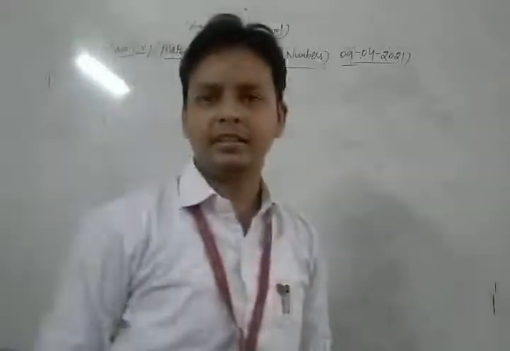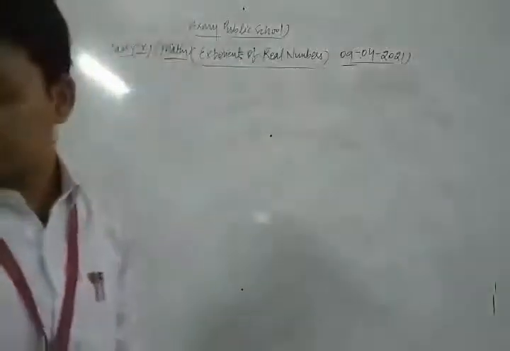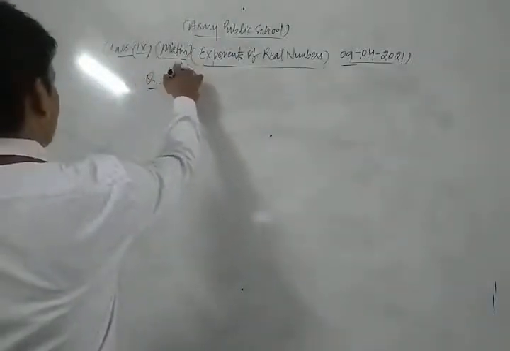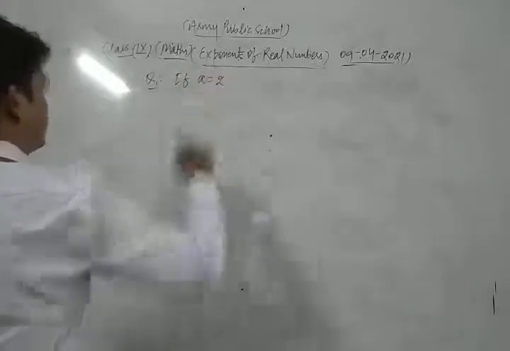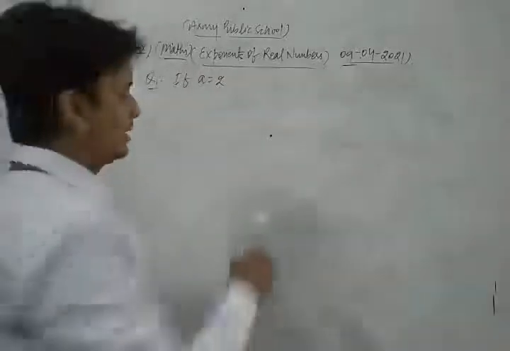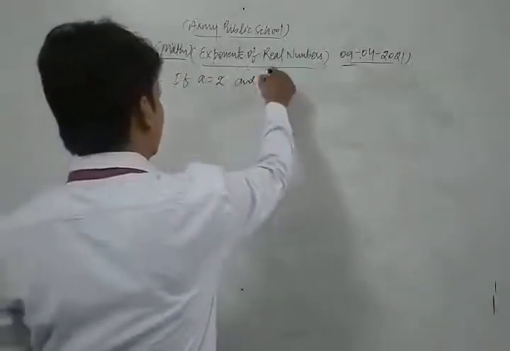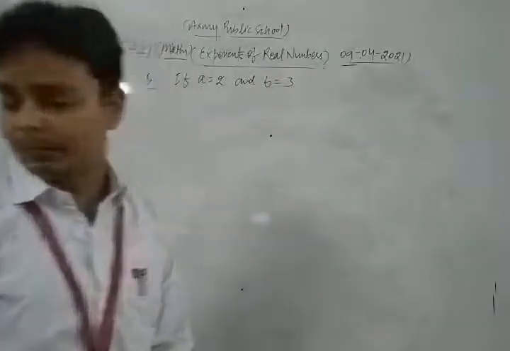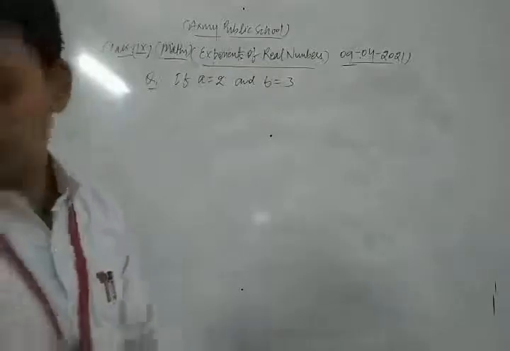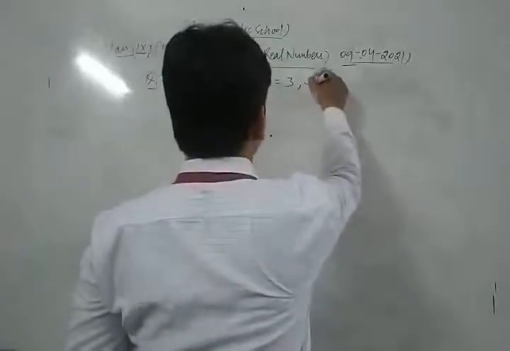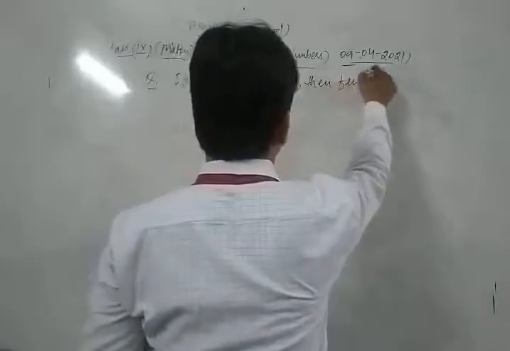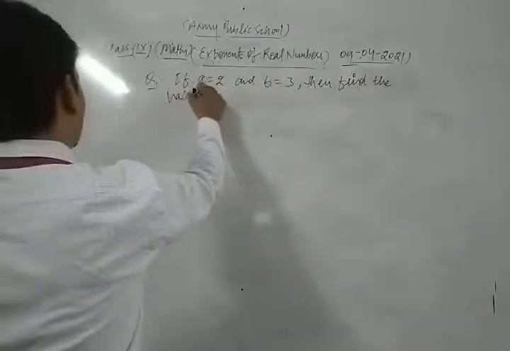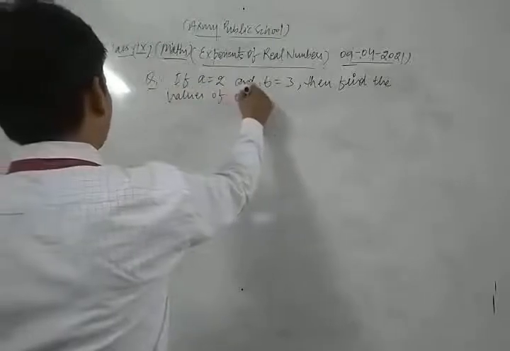Let's see, dear students, the question is: if a is equal to 2 and b is equal to 3, then find the values of each of the following.